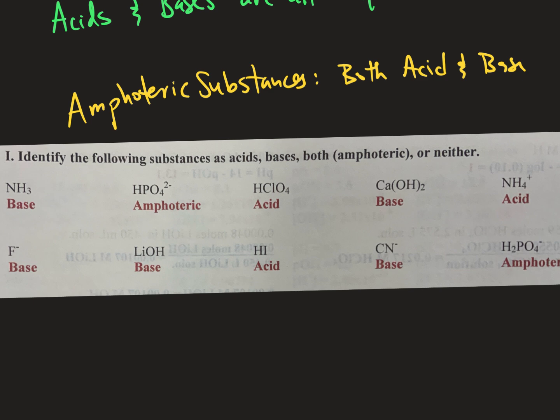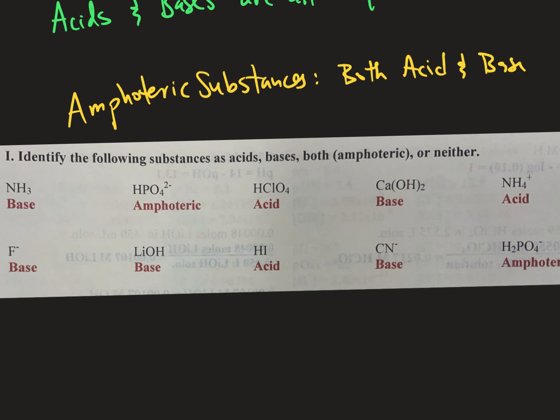Are there any questions on how to determine if it's acid or base or amphoteric? Yeah, question. How do you know if it's amphoteric? So amphoteric is both an acid and a base. So let's take a look at this. So this one right here, what makes that an acid? It has a hydrogen ion that it could get rid of.